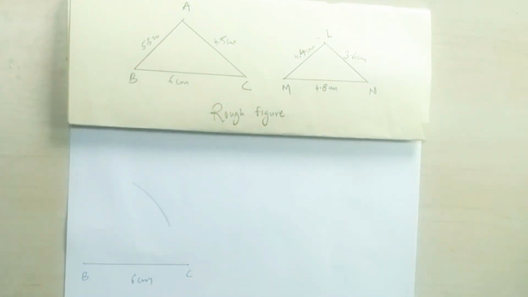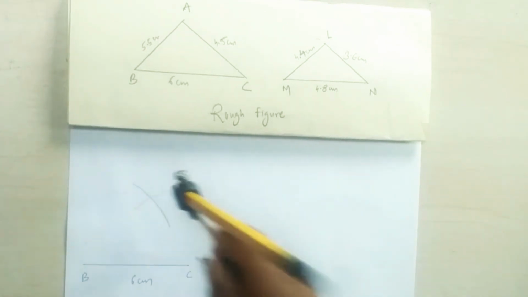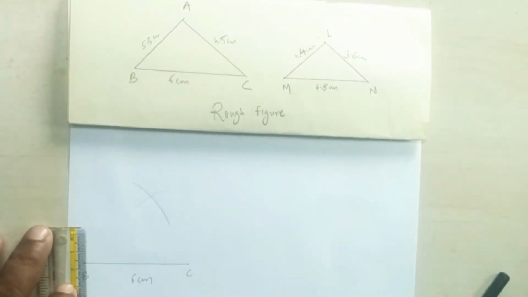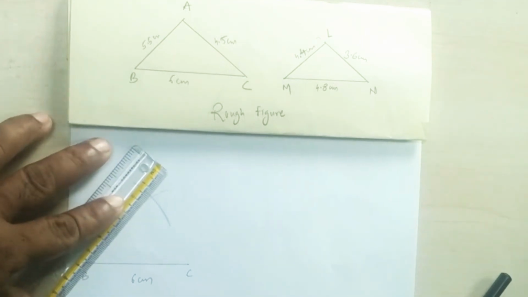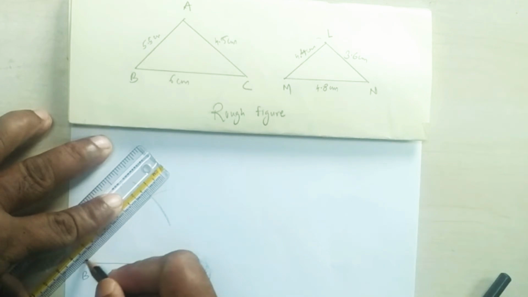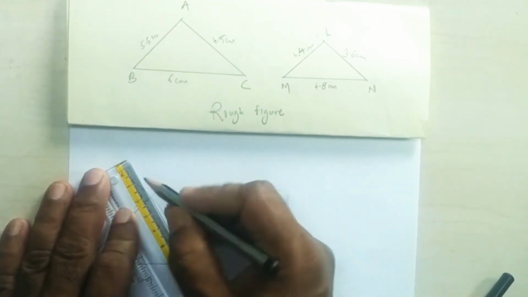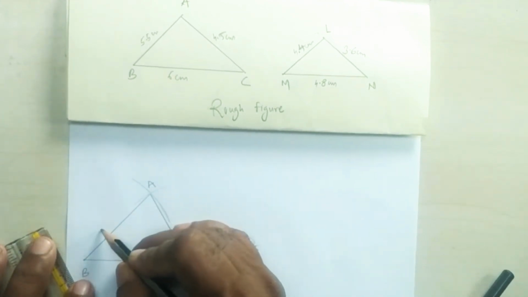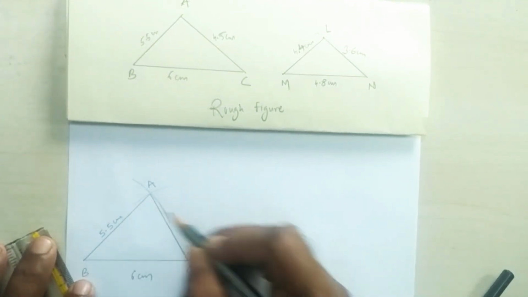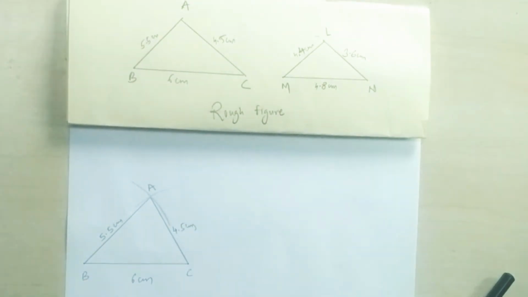Then with the compass, again take a length equal to 4.5 centimeter and from C cut the arc, and join AB and AC. 5.5 centimeter and 4.5 centimeter.